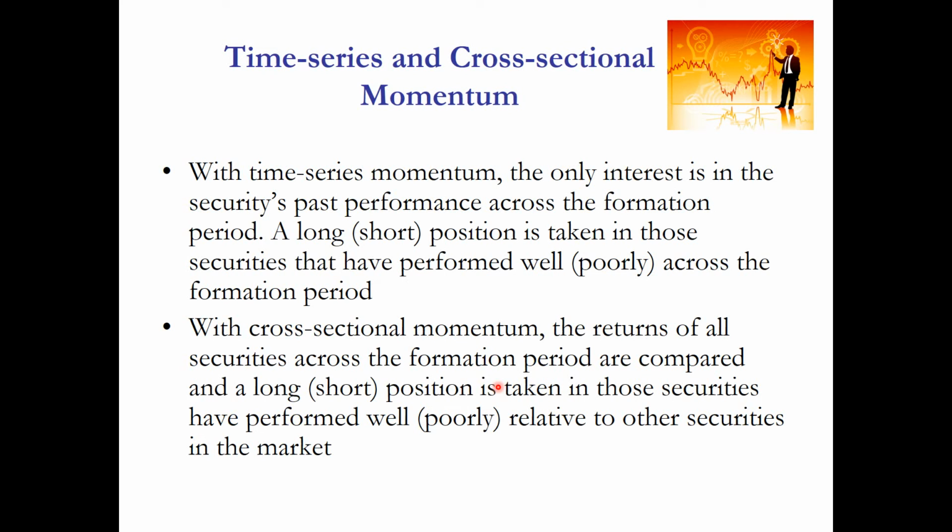One potential issue with a time series momentum strategy is that it can be quite susceptible to variation in the aggregate market return across time, because you could have periods where you have a whole lot of stocks that are performing really, really well, so you long a large number of stocks. Or you can have a period where you short a whole lot of stocks because they were performing poorly compared to the market.